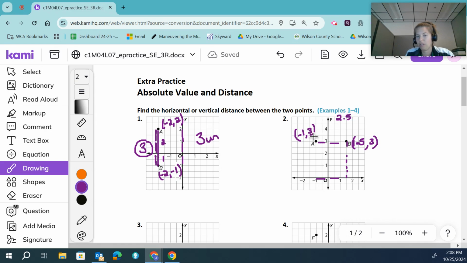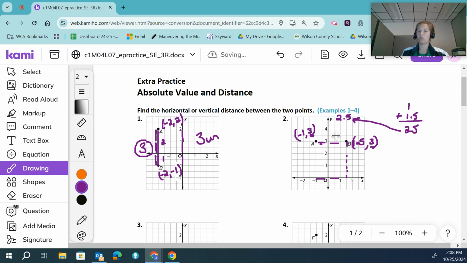Let's double check it with the same rule we used before. The threes are the same, so we can ignore those. Then -1 is 1 away from the y-axis, and 1.5 is 1.5 away from the y-axis. So 1 plus 1.5 is 2.5. We get the same thing both ways.